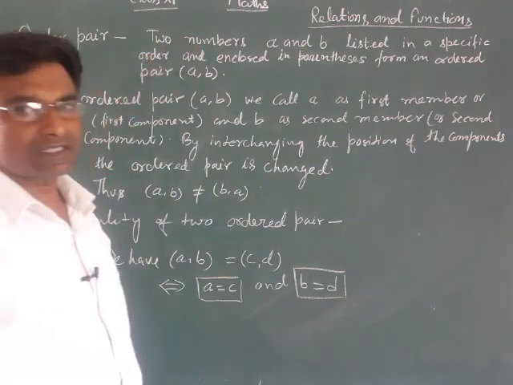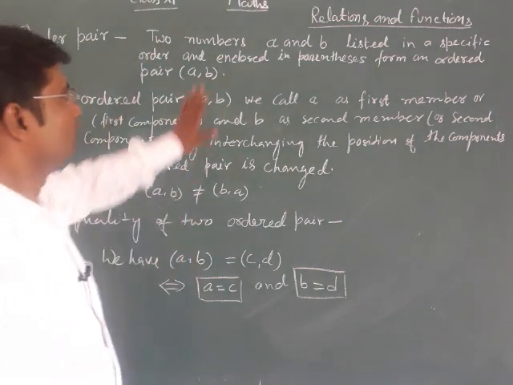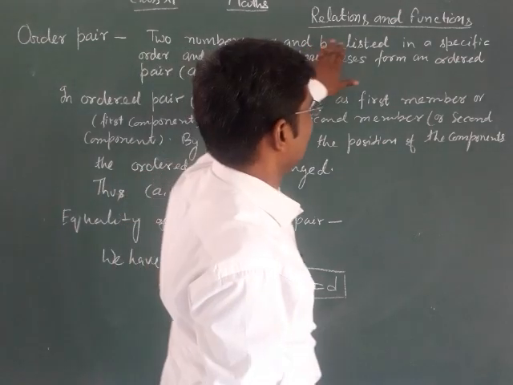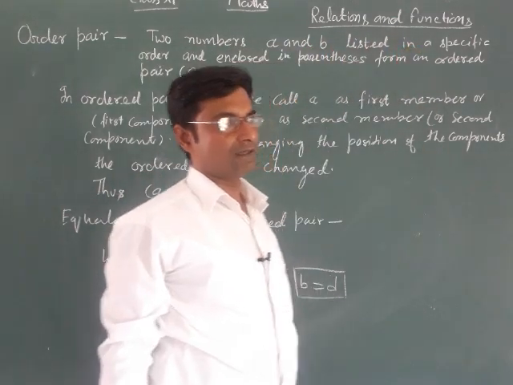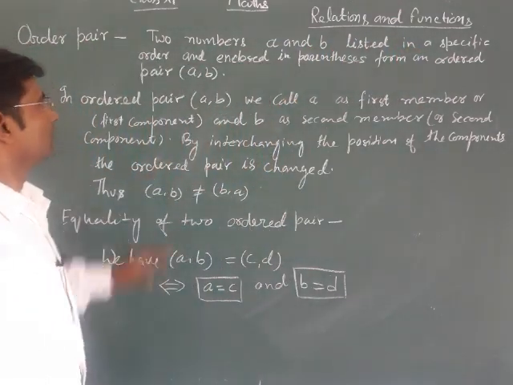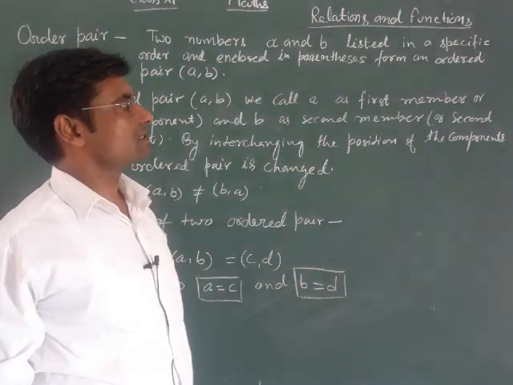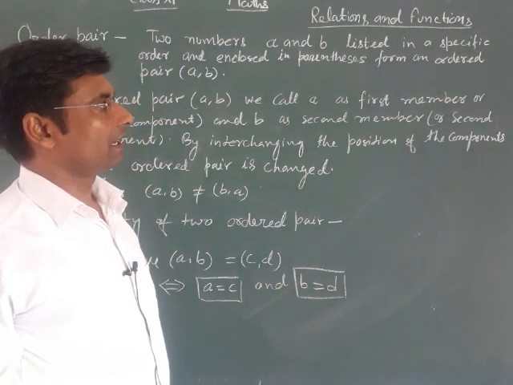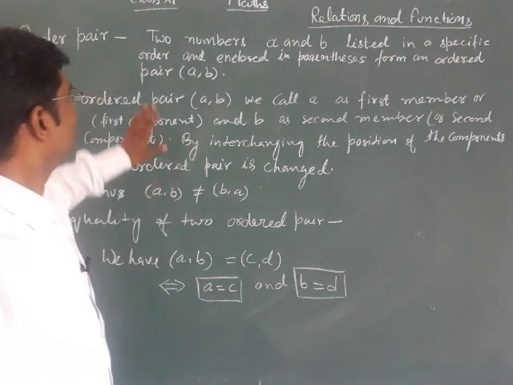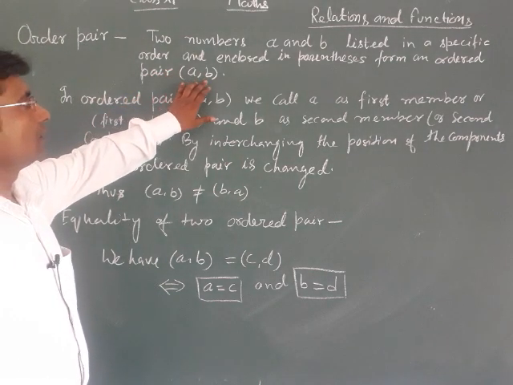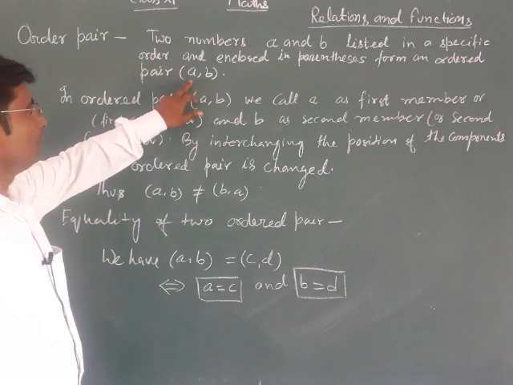Two numbers A and B listed in a specific order and enclosed in parentheses form an ordered pair (A, B).